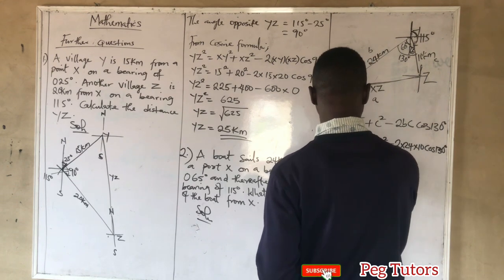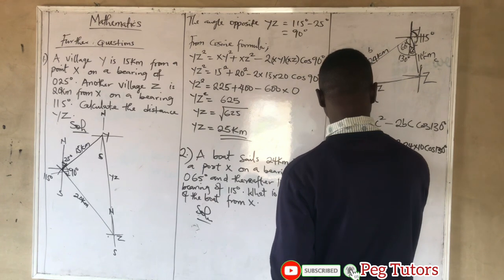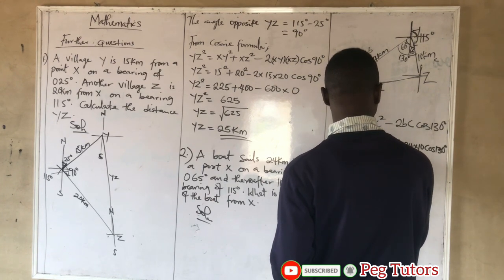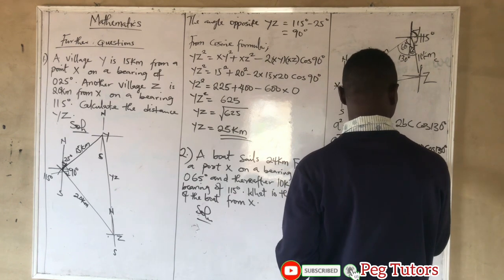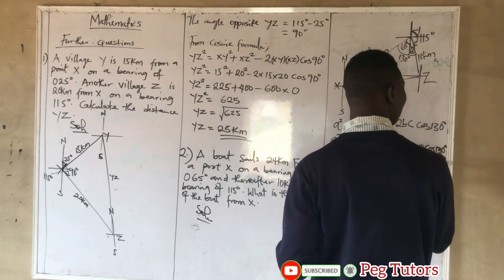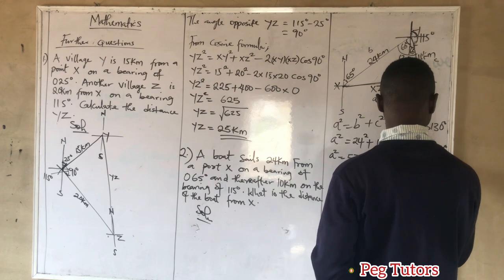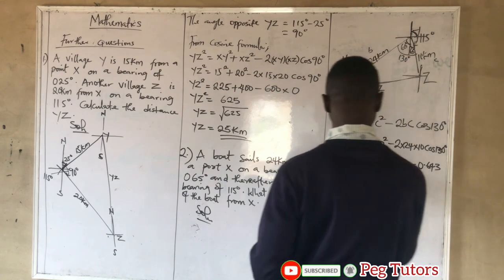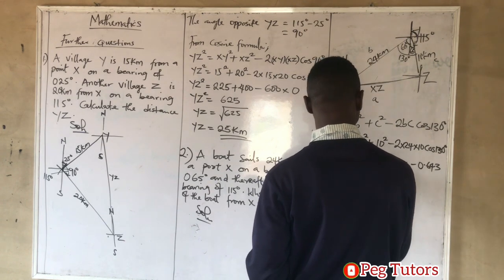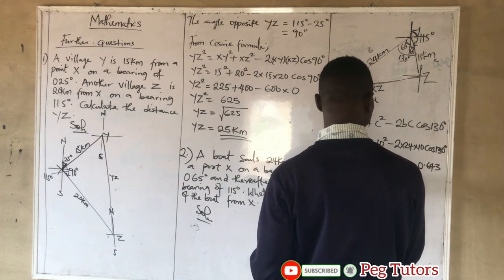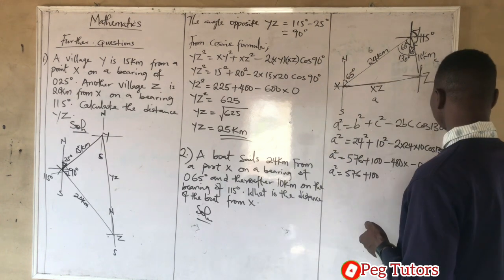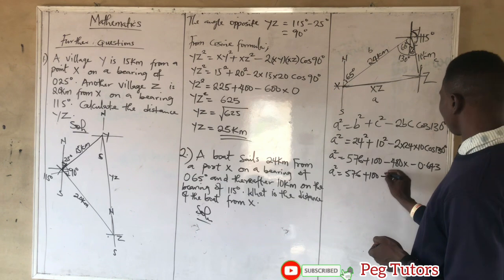So A squared is equal to 576 plus 100 minus 480 times cos 130, which is minus 0.643. So A squared is equal to 576 plus 100, and 480 times 0.643 is 308.64, with a plus here.